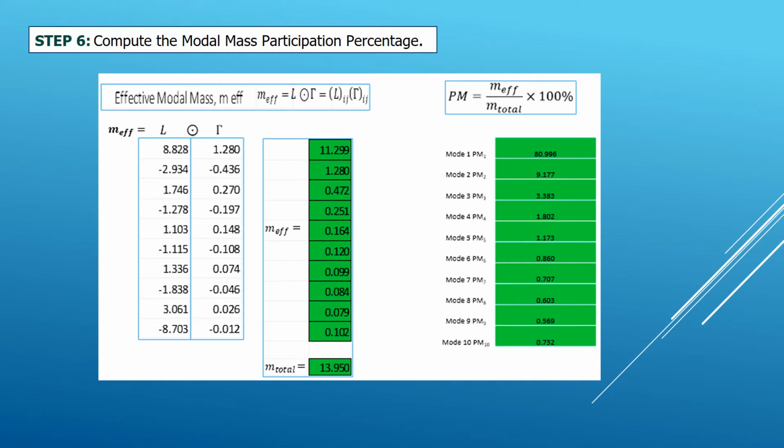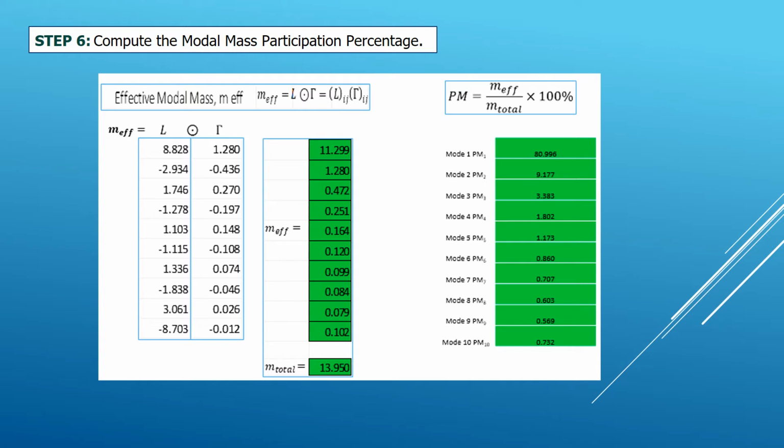Then, it is the result. Ito na yung ating effective modal mass. Yung makikita natin sa baba na total mass na 13.950, ito yung summation of mass matrix na given.